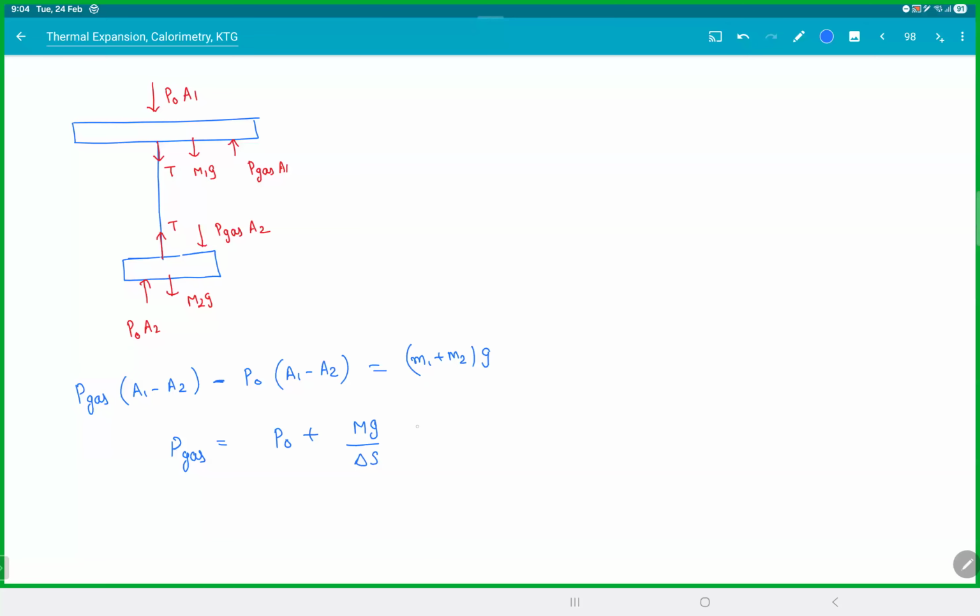This is constant, meaning even if the piston goes up or down, it doesn't matter how much it moves. P naught is not going to change, mass is not going to change, the area is not going to change. It does not depend on the distance between them.